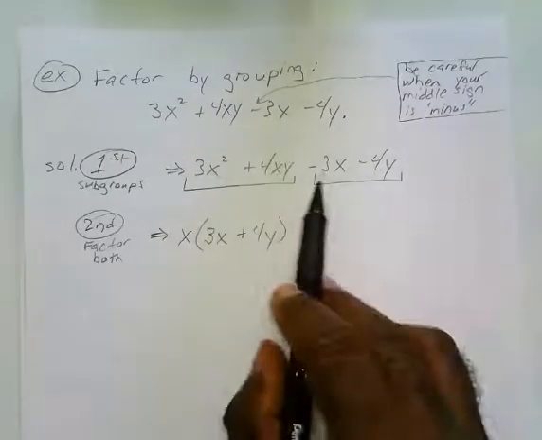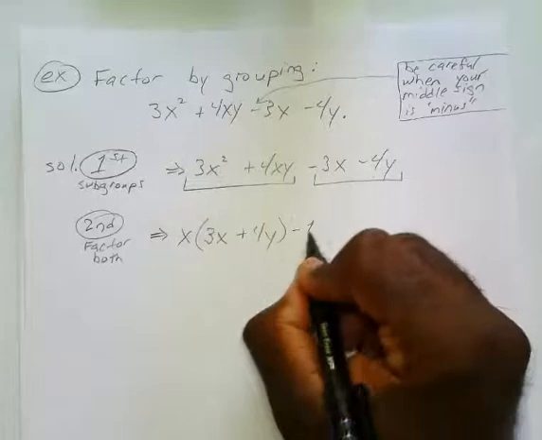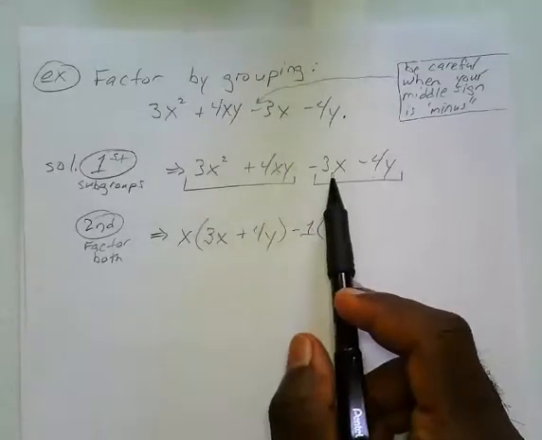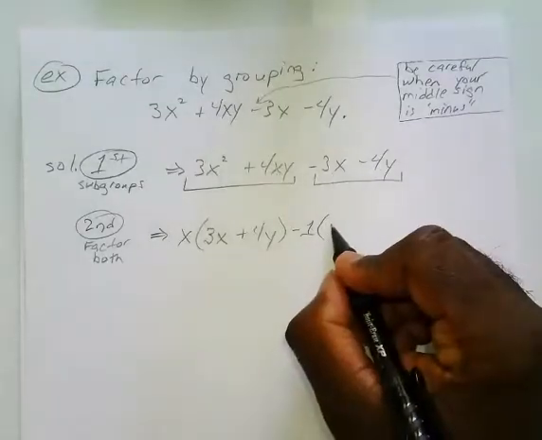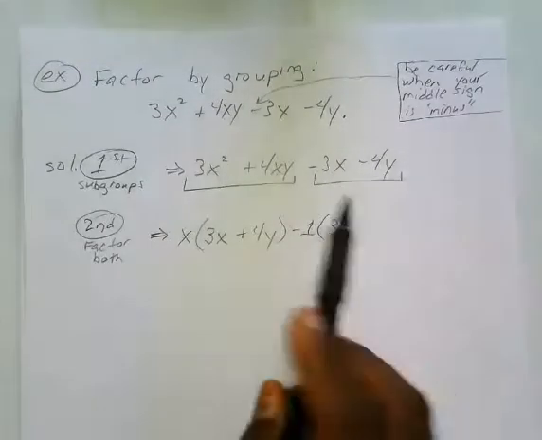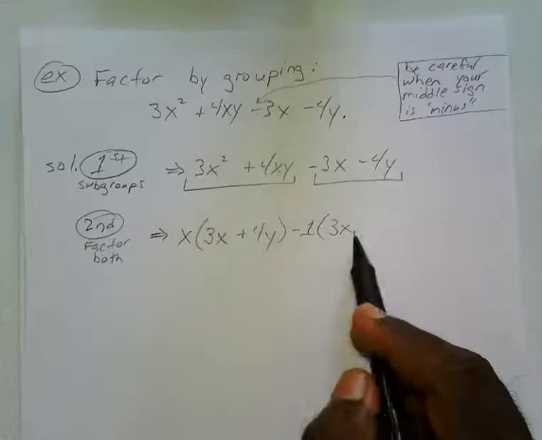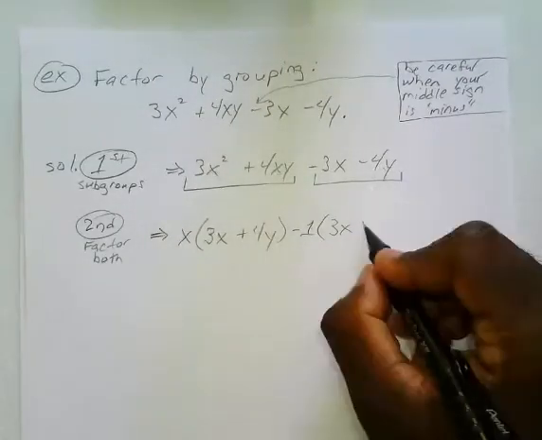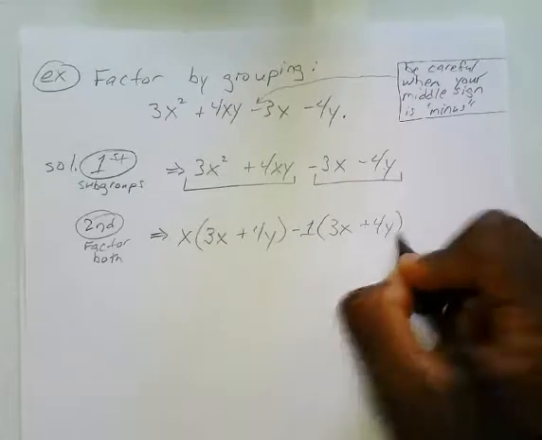That's why I say you want to be careful. Because if you factor out a negative 1 times 3x will give us negative 3x. So we put 3x here because we want to get negative 3x. Okay, and negative 1 times positive 4y will give us negative 4y.